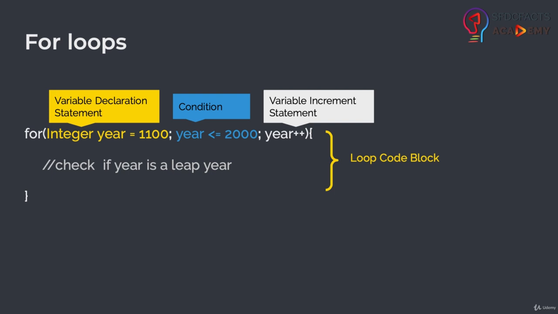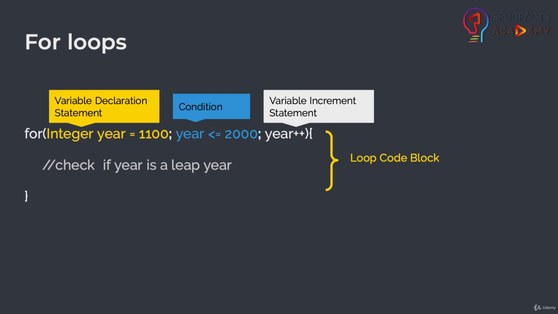Now, how does the Apex compiler know which one of these is a declaration statement, which one of these is a condition, and which one of these is an increment statement? So they are always specified in the same order. The first statement is always the declaration statement.